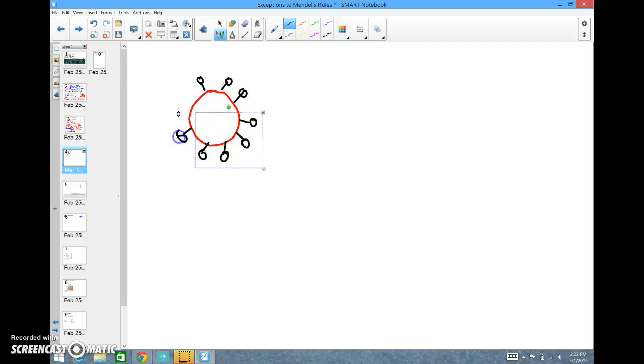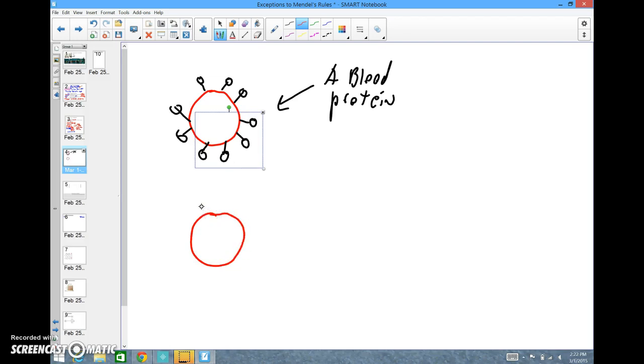This is simply a representation. And this might be what the A blood protein looks like. And then let's say you have a blood cell that looks like this, and it might have proteins that look like this.